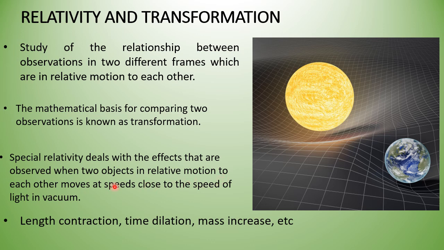But in relativity, we are also referring to when the velocity of a body is almost close to the speed of light. And such events we experience in nature are length contraction, time dilation, mass increase, and so on and so forth.